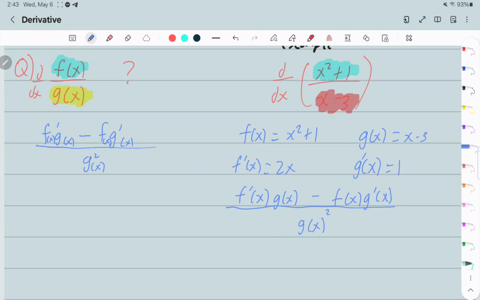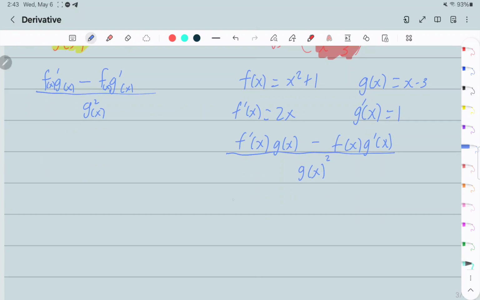So now let's plug in the things which we found out. We say f'(x) is 2x, g(x) is x minus 3, minus f(x) is simply x squared plus 1, and g'(x) is 1, over g(x) squared.